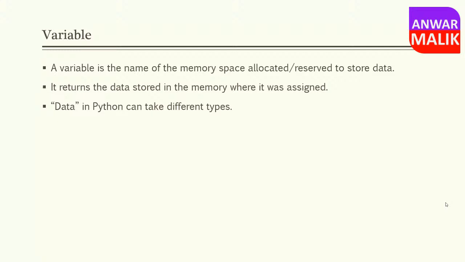So what is a Python variable? Okay, when we are programming a language in a computer, you guys already know that the computers access data from some memories. There is a permanent memory that is the hard drive of your computer, and then you have a memory that is temporary.